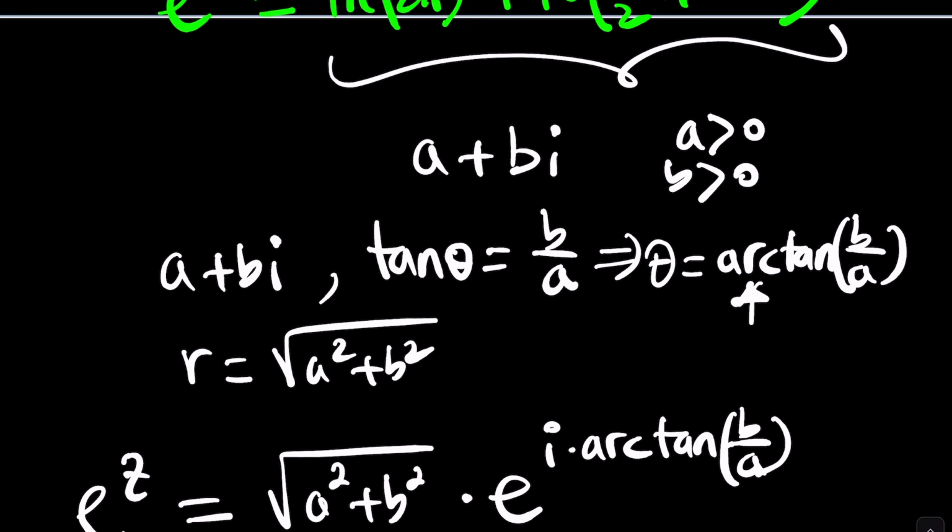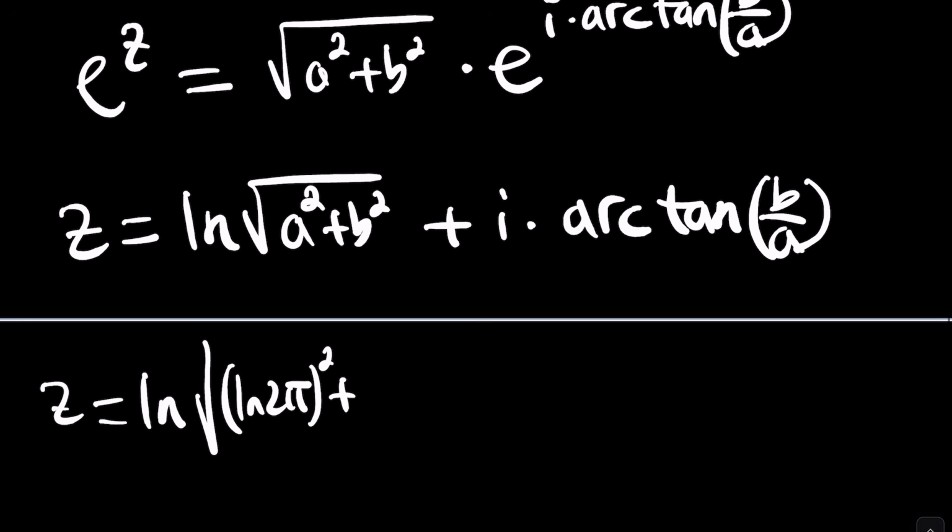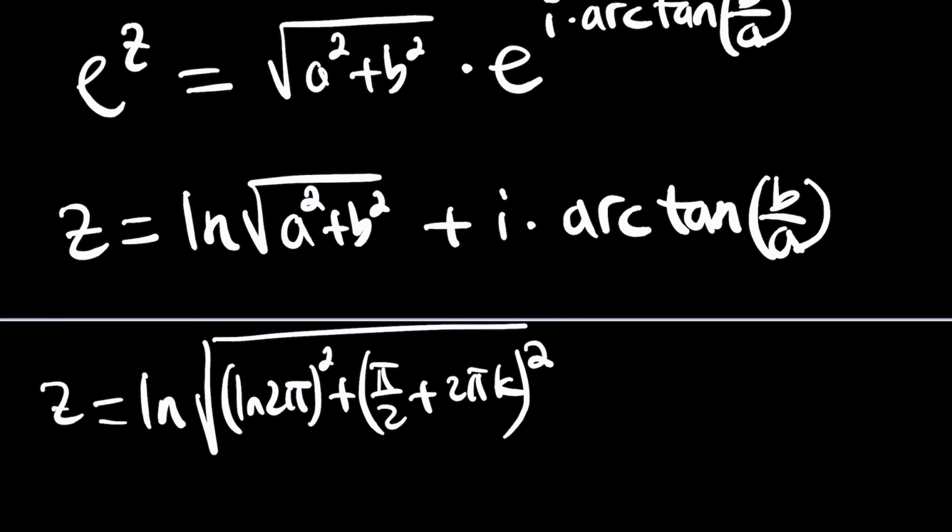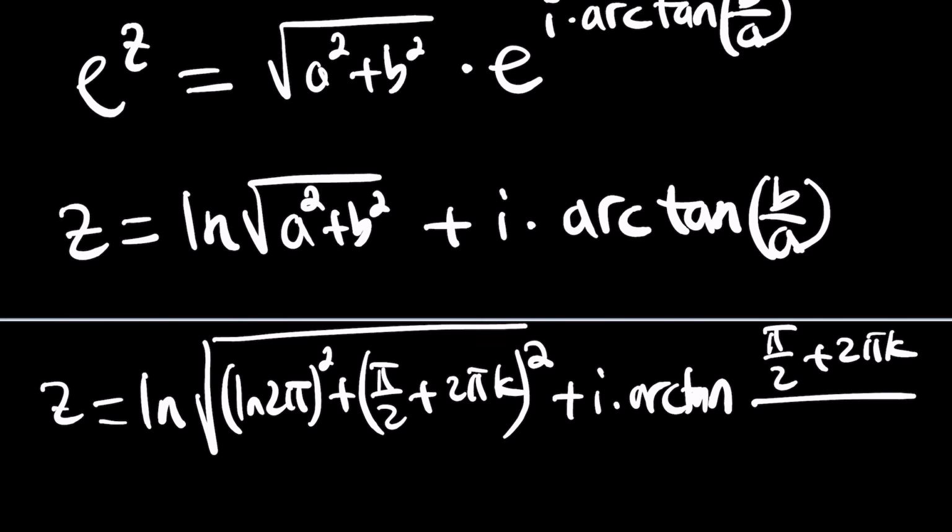And what is b? b is pi over 2 plus 2 pi k, and I need to square that, plus i times arc tangent b over a, and remember, b is just going to be pi over 2 plus 2 pi k divided by ln of 2 pi. I forgot the parentheses. I hope you'll forgive me. Let's do it. And this would be the answer where k is an integer.